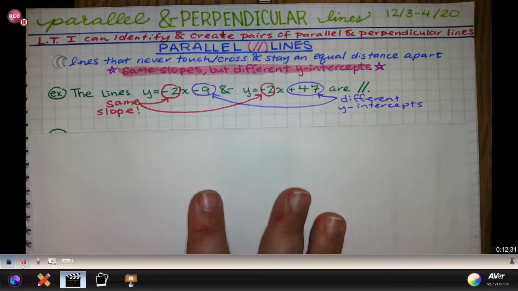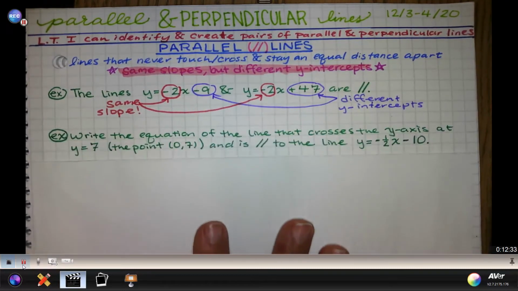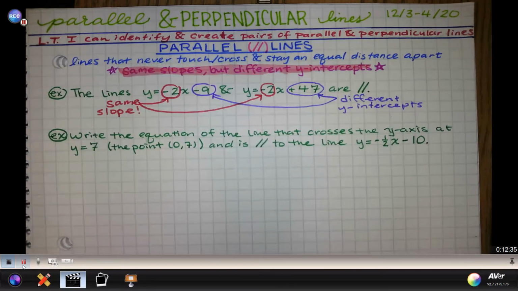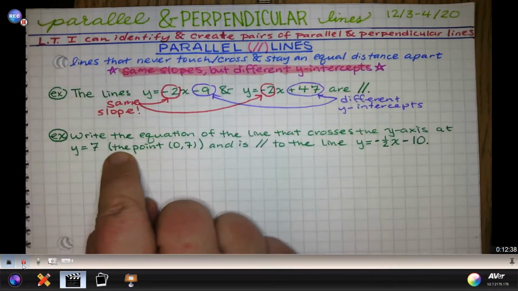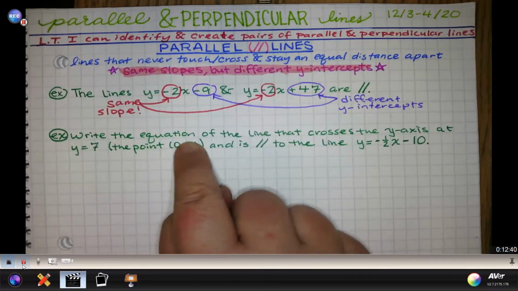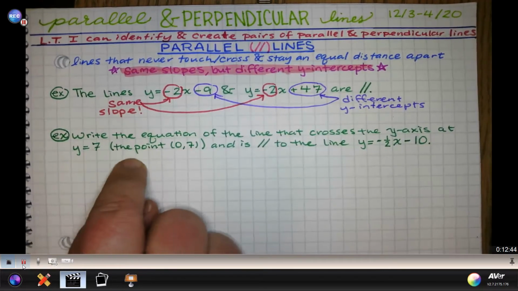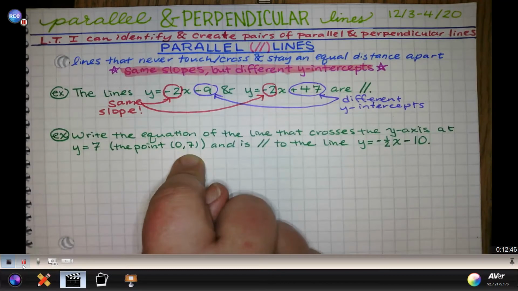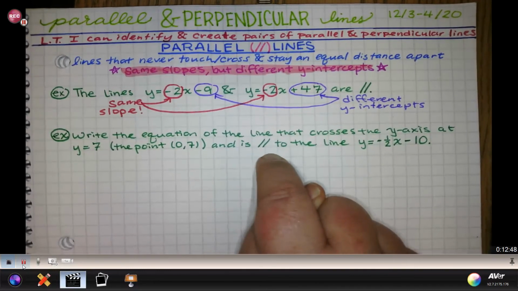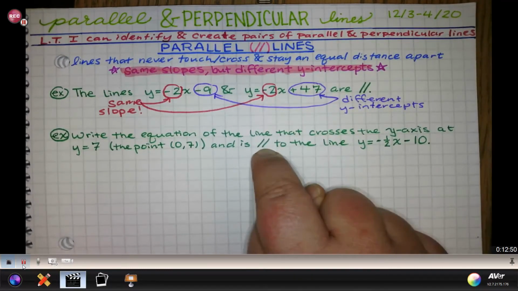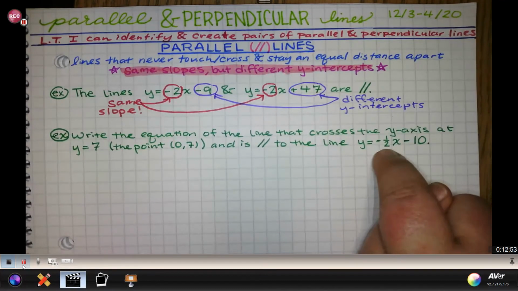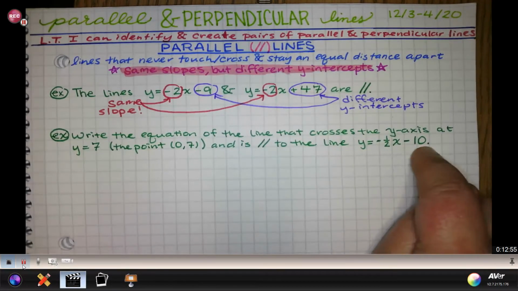So that is how you can identify it, but what about finding it on our own? So here it asks us to write the equation of the line that crosses the y-axis at y equals 7, which you could say is the point (0, 7), and is parallel, so say the word parallel when you see that, to the line y equals negative 1/2 x minus 10.